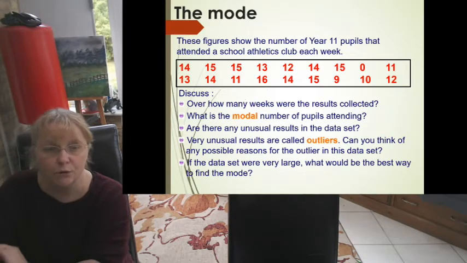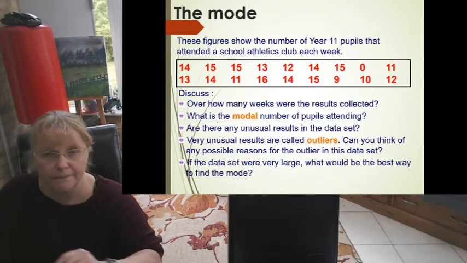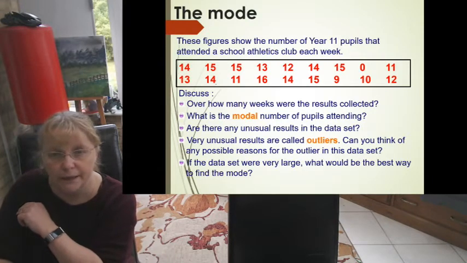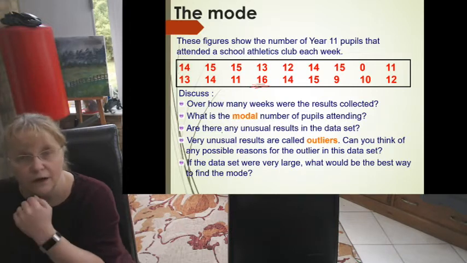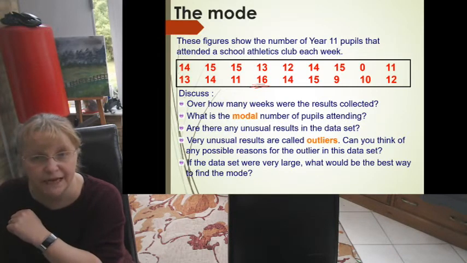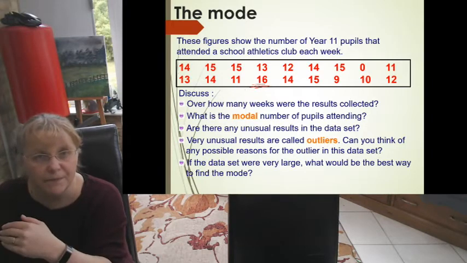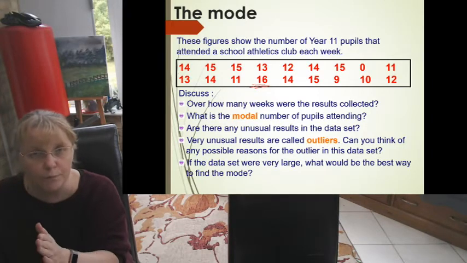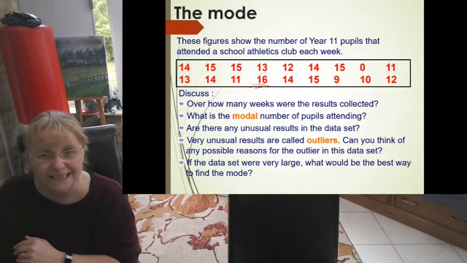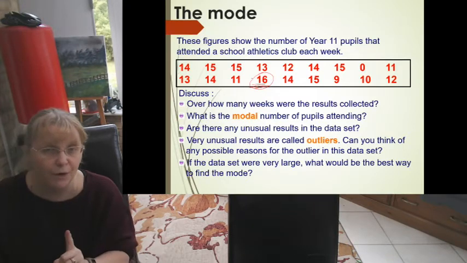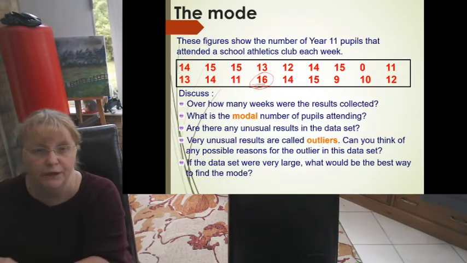So the modal number would be, where am I here? 16. Now half the time people make mistakes by saying 15. Whilst 15 repeats itself a lot, the biggest number of pupils that attended was 16 pupils in one lesson. So that would be the modal value.